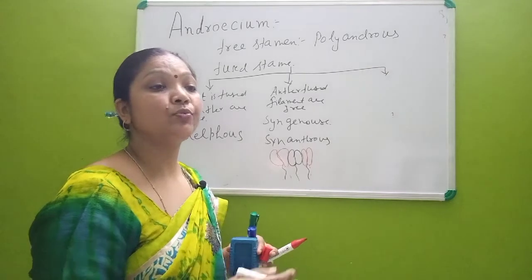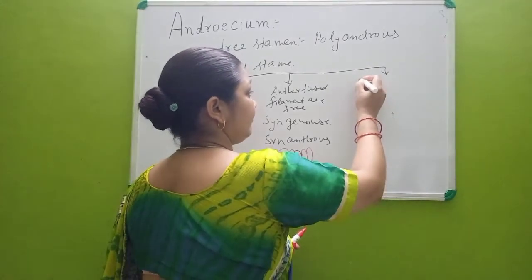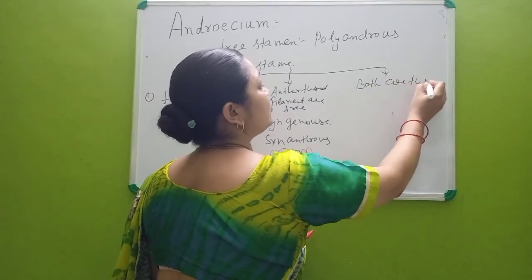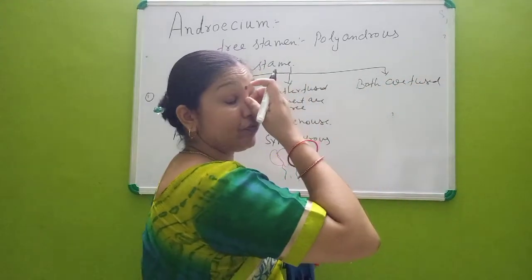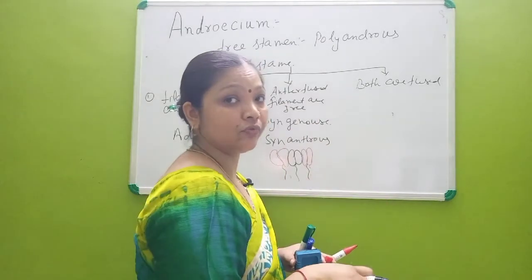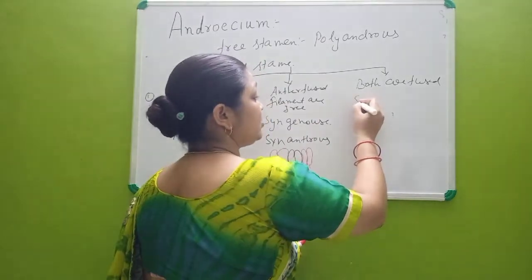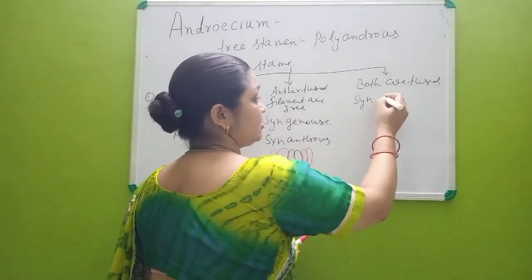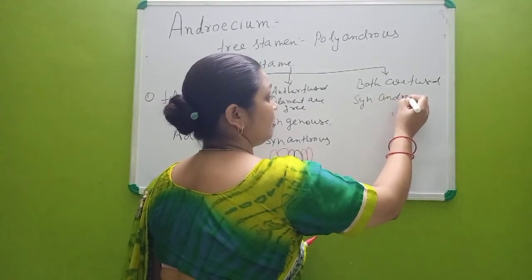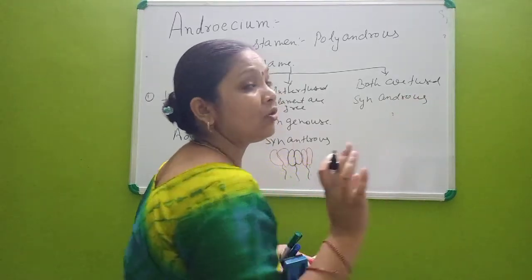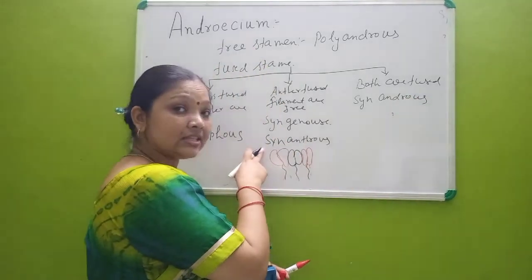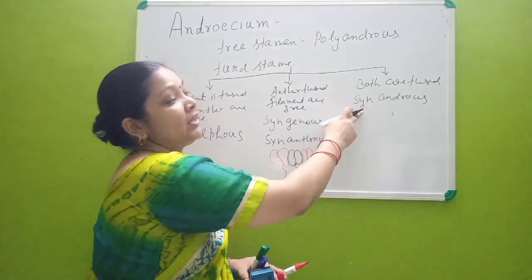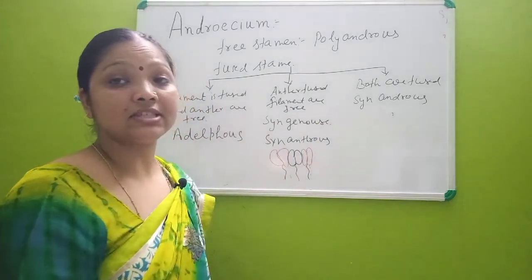And the next one is when both are fused. If both are fused, meaning the anther is also fused and the filament is also fused, then this type of condition is called synandrous condition. Now don't confuse it with synanthrous. Anthrous means anthers are fused, and here it is androus.